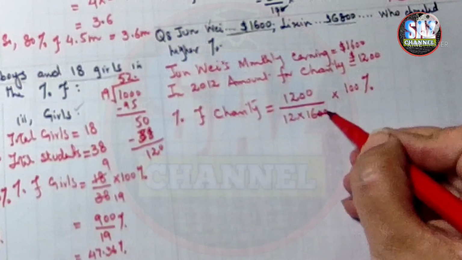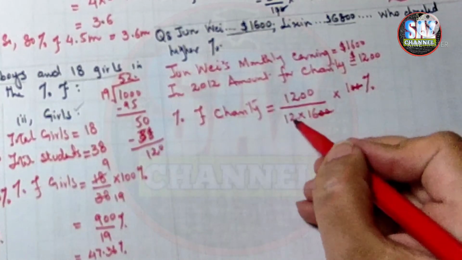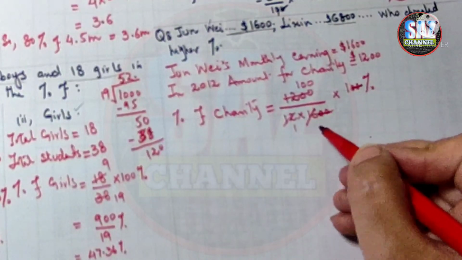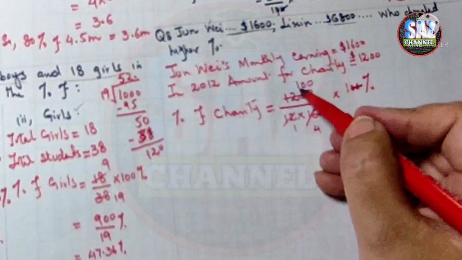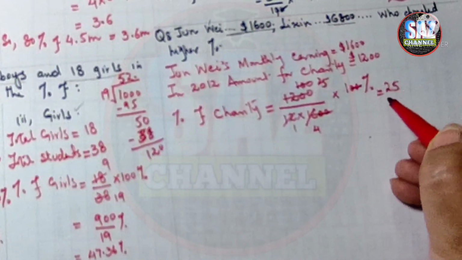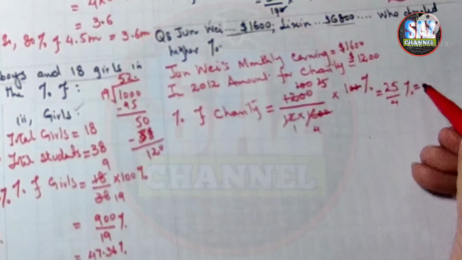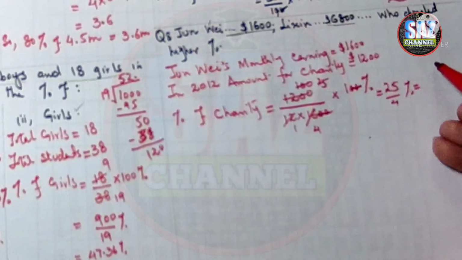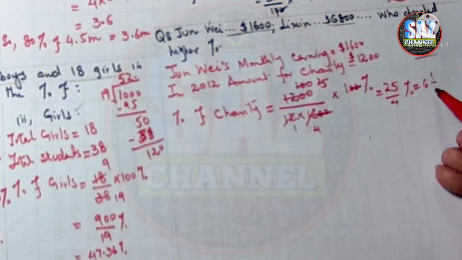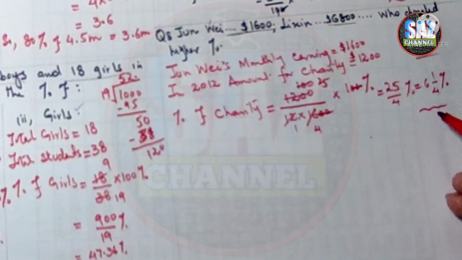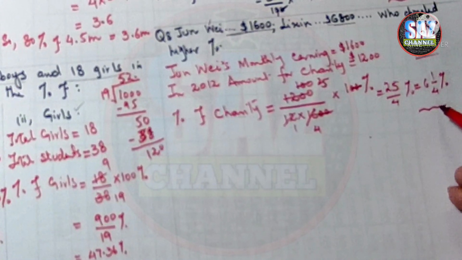So we can see that these two zeros can go easily, and then 12 ones are 12, and 1,200 times 100, and then we are left with 4 fours are 4, and 25 times, and this is 25 by 4%, which is equal to 6 whole 25 by 4. 4 6s are 24, and I'm left with 6 whole 1 by 4%, which is the percentage of amount that Janvi has donated in 2012 for the charitable organization.